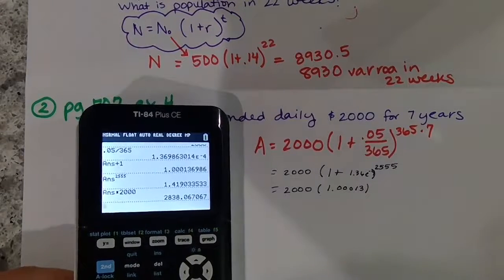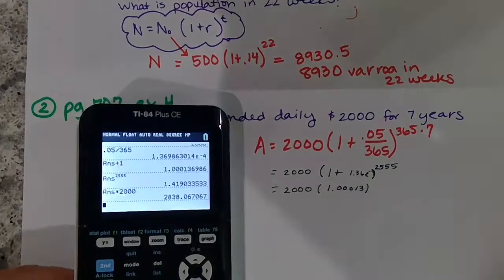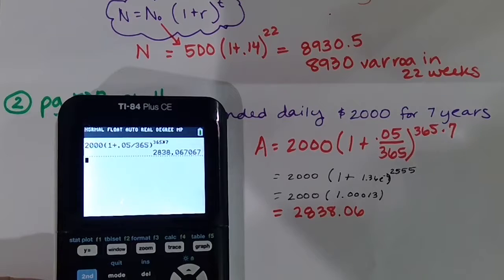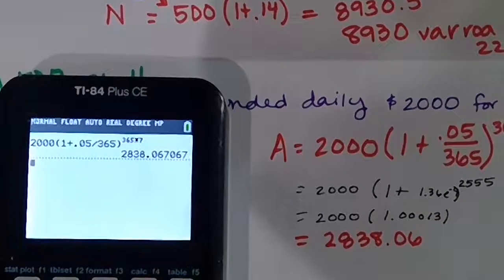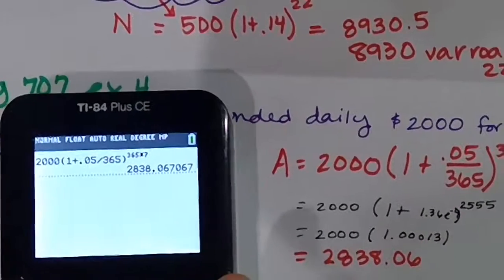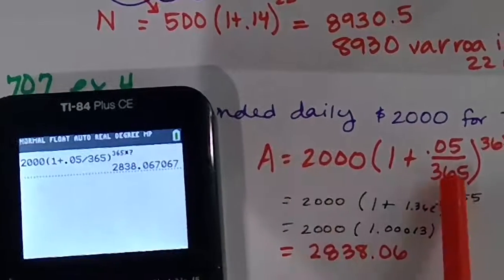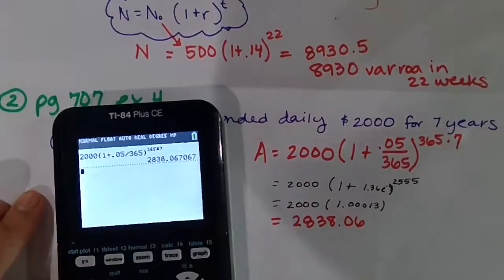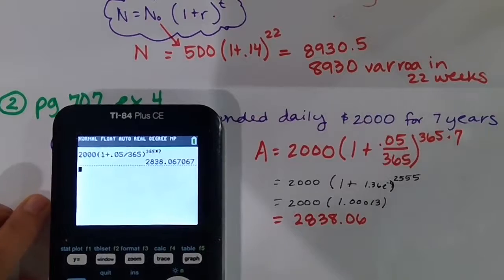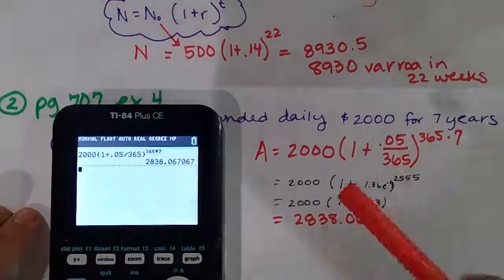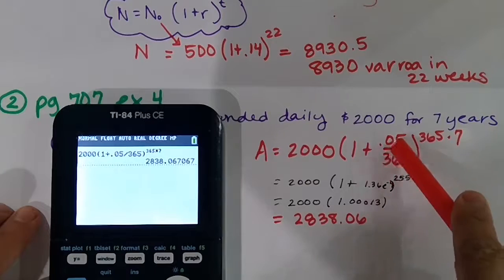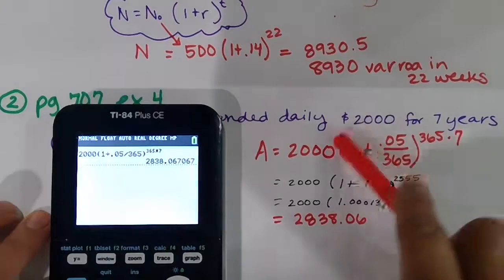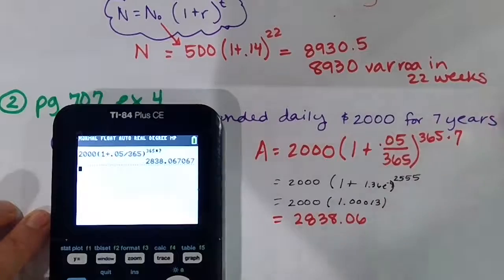Now, if you typed it all in together, let me show you what that looks like. So I took a minute, typed all that in. And if you have the nice graphing calculator, it's exactly how you write it here in the formula. If you don't have a graphing calculator, then you're going to be doing it in pieces. So in pieces, be real careful. You would do this part first, all your parentheses, and then raise it to that power.